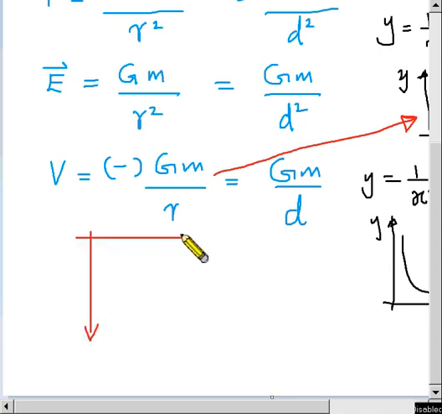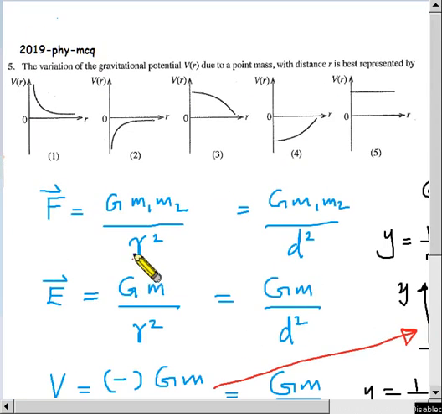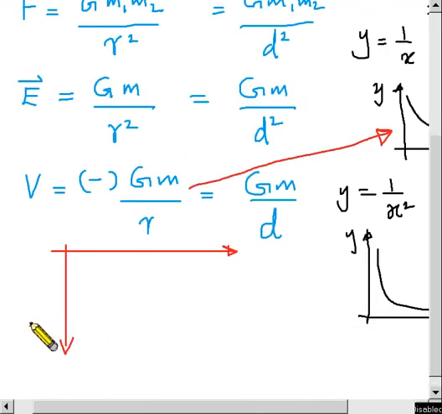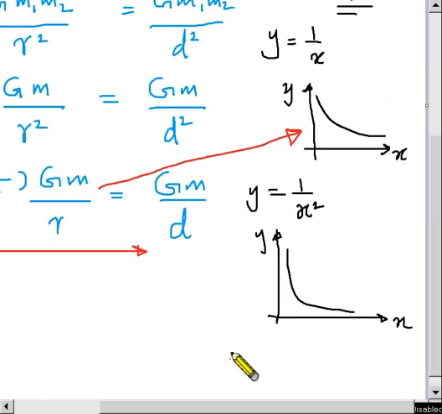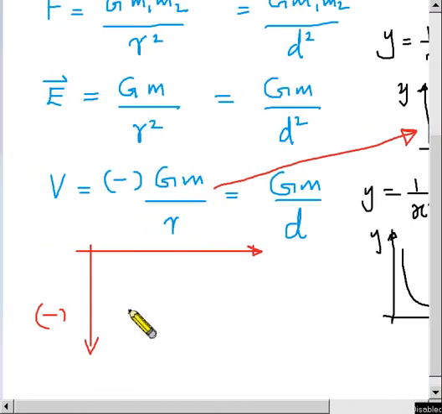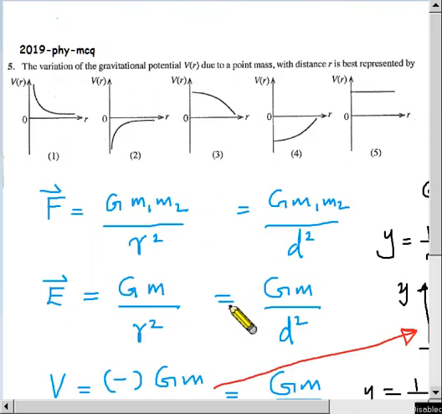All the y values, in physics V, in mathematics y, should be in the minus region. The shape is the same as this, but the values should be in the minus area. So it should be like this. This is the answer for this equation. Therefore we have to choose this answer. This is the correct answer for this question.